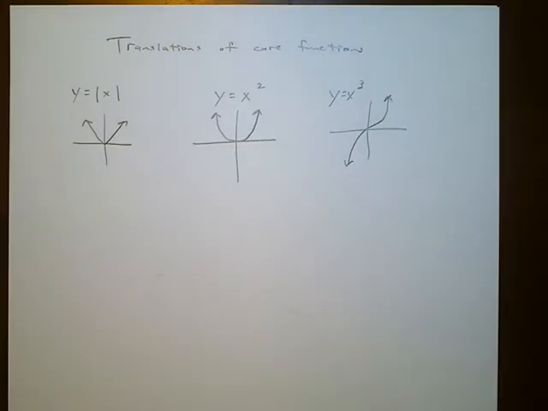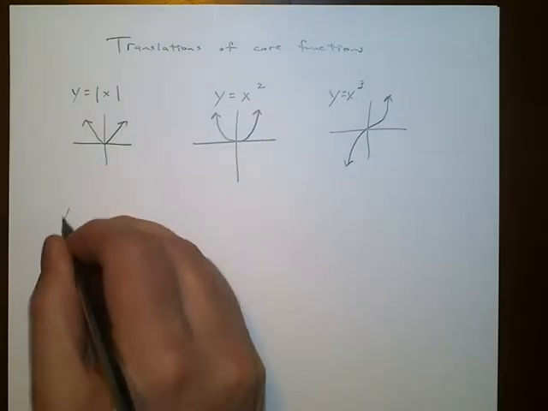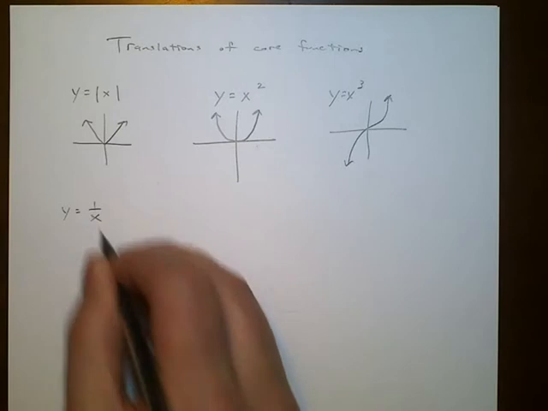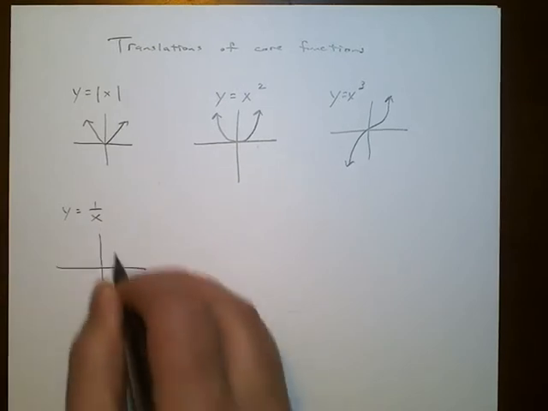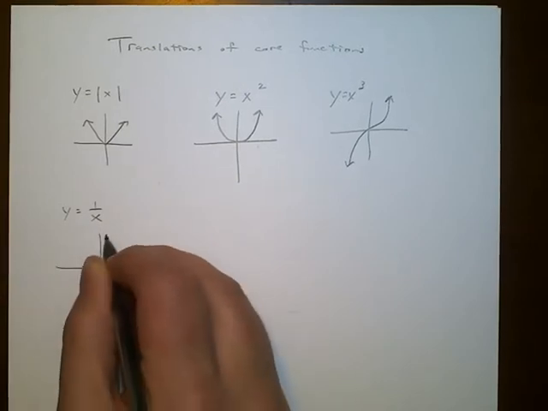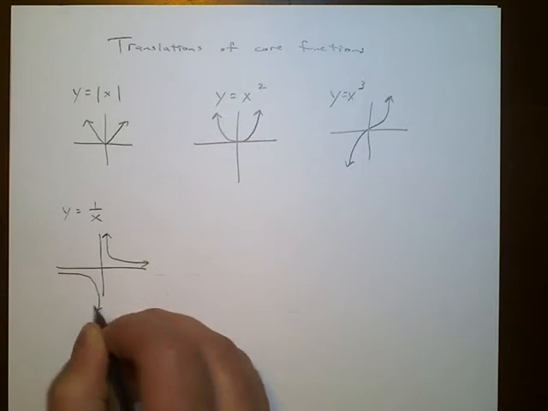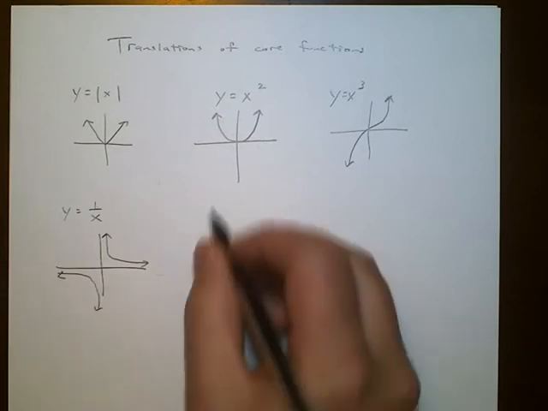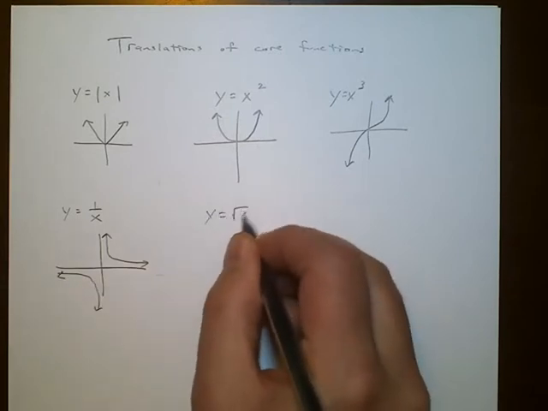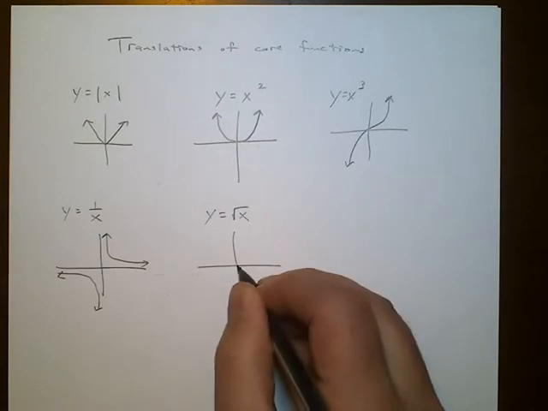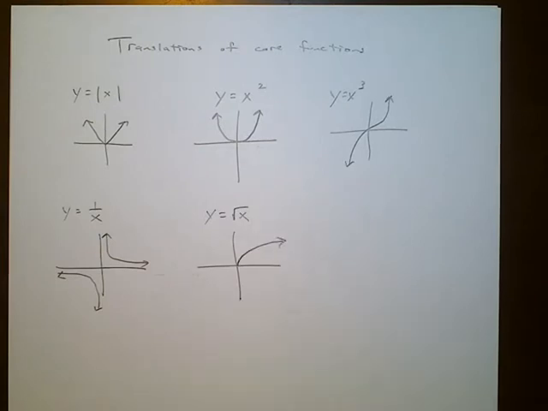Things like that. Three others you probably are aware of: 1 over x, that is in the first quadrant and the third quadrant, and y equals the square root of x, the arm going off into the first quadrant.